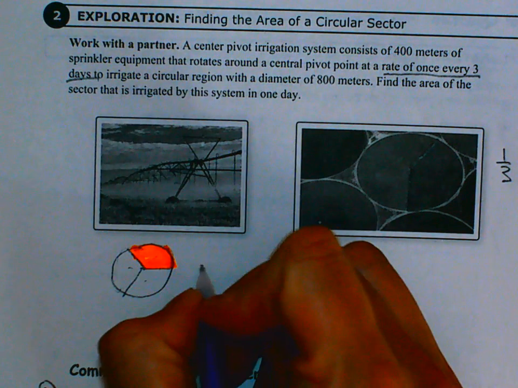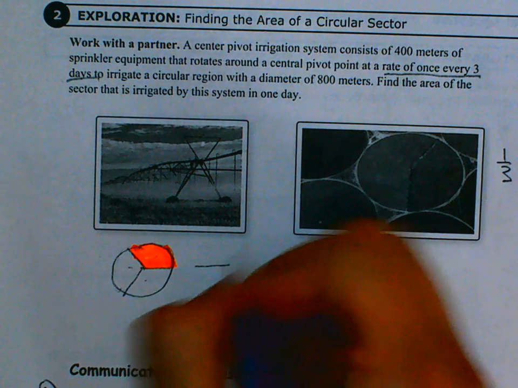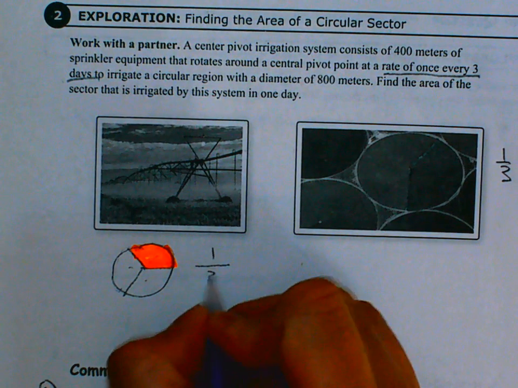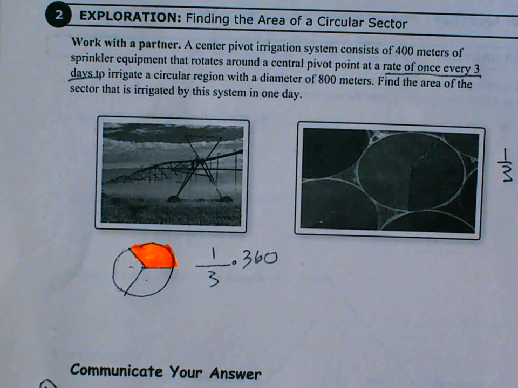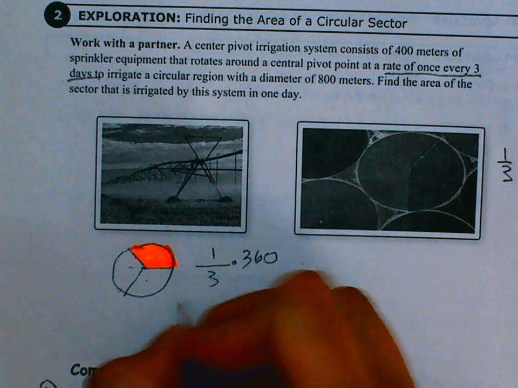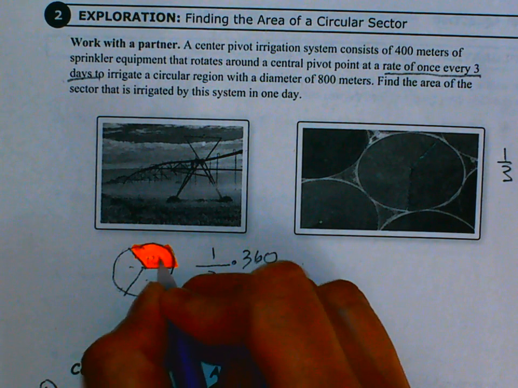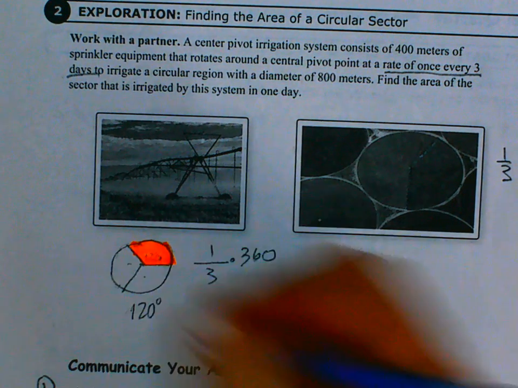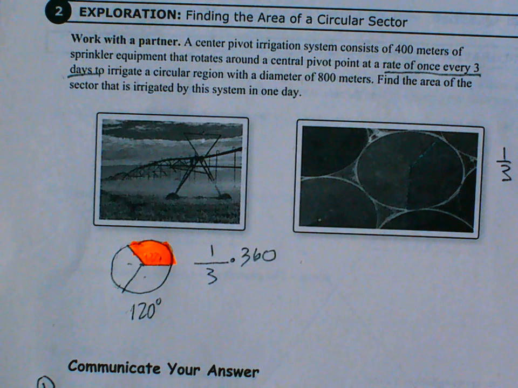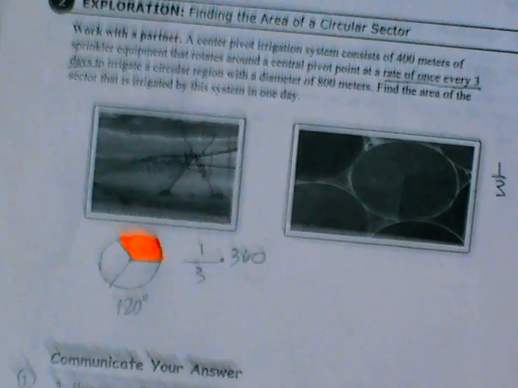It's very easy to figure out because this is going to be 1/3 of 360 degrees. So 360 times 1/3 is 120. So that angle right there is 120 degrees. And we're going to use that to find the area. Now, if you remember the equation for that, that is on page 322.